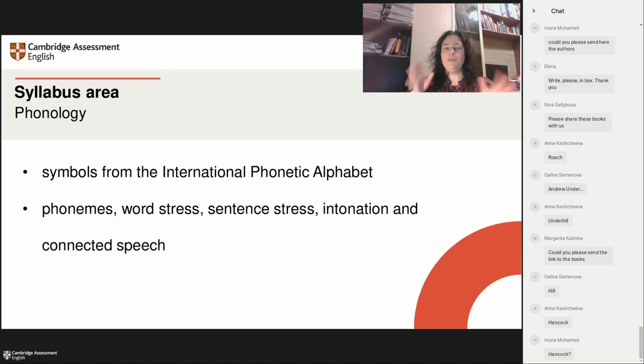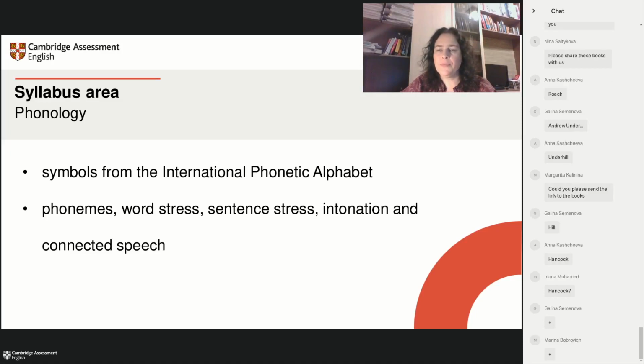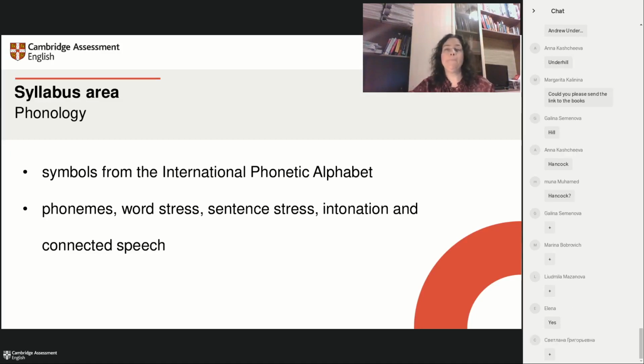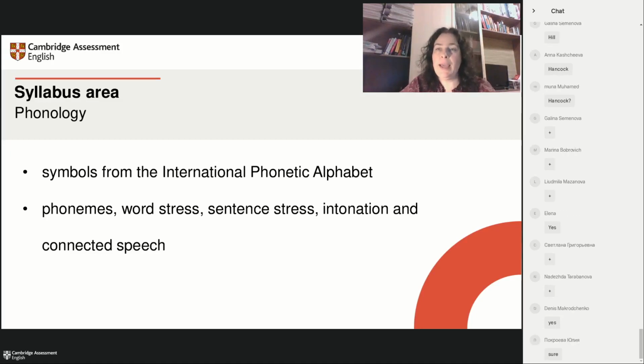Right, so what I've mentioned, the phonemic alphabet. Are you aware of the phonemic symbols? Do you know how to use them? Do you use them in your teaching practice? Cool. Some books actually give you a nice grid, a nice chart, which is graded for students, for their level. For example, English File.